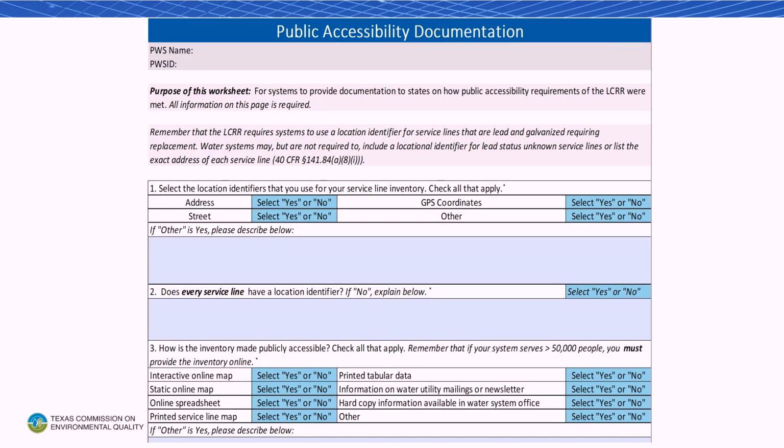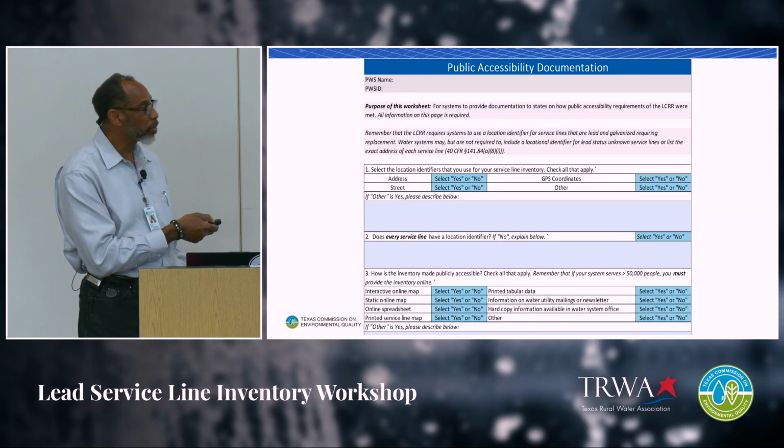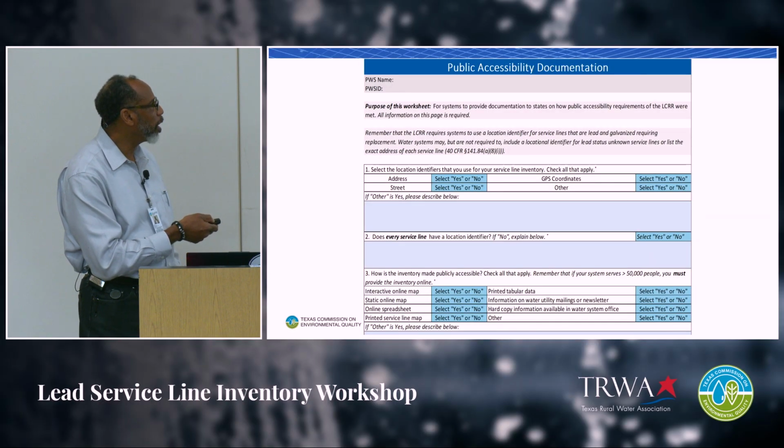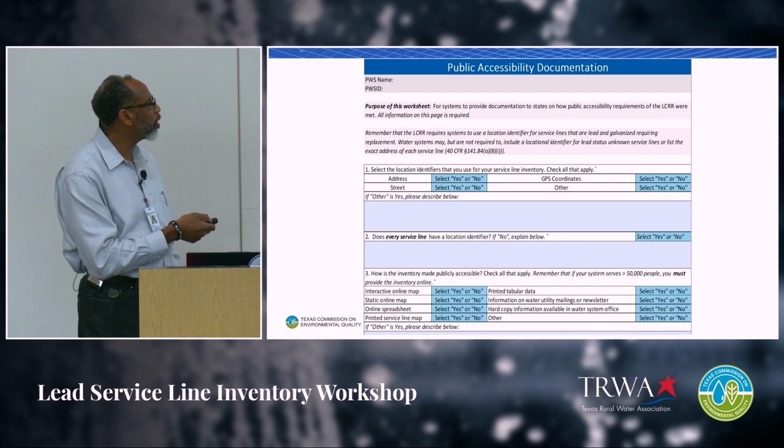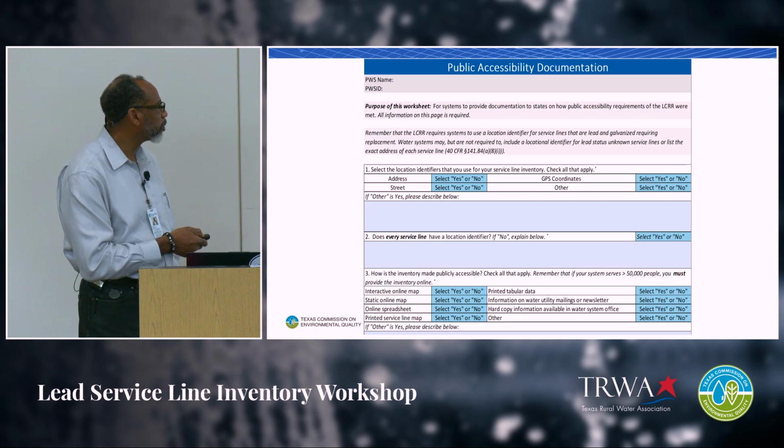Public accessibility documentation. So you have to document in the template that you made the information accessible to the public. So you put in the address, select the location identifier that you use, again, yes or no, the street, GPS coordinates, and then any other location identifier that you may come up with other than these three, you can put that in.